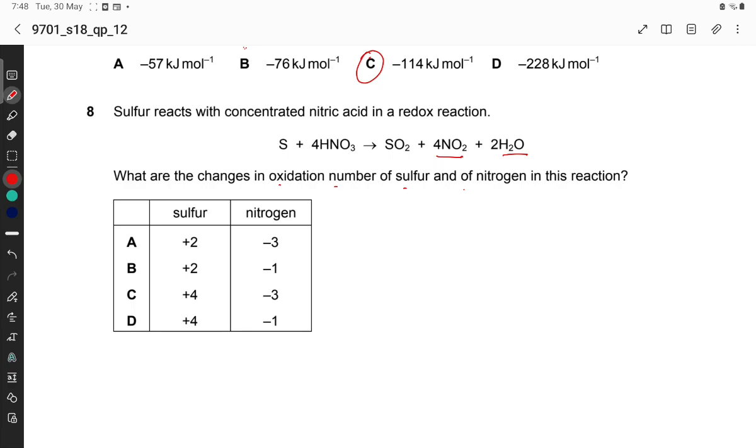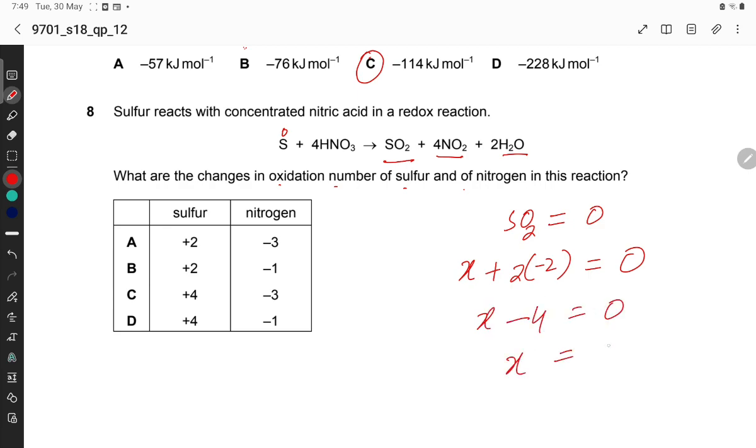Sulfur is in the form of an element, so the oxidation state of sulfur is 0. In this reaction, for sulfur dioxide, x + 2(-2) = 0, so x - 4 = 0, or x = 4. So it is +4 on sulfur.